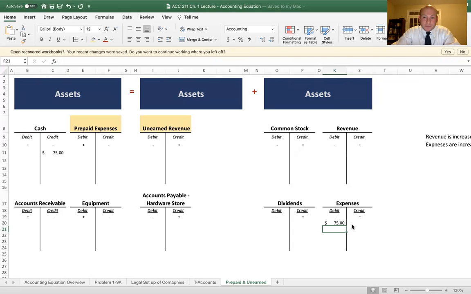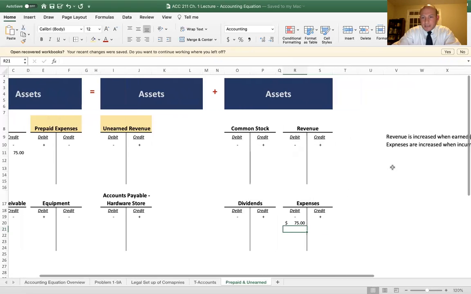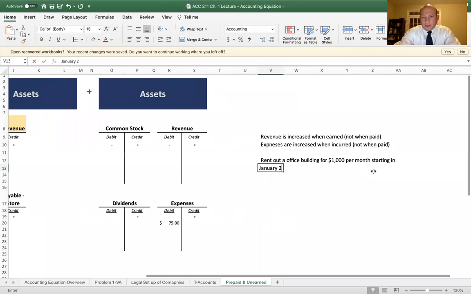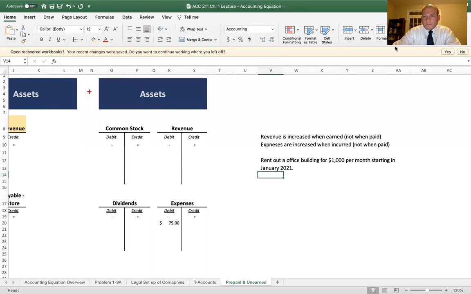For example, let's say that we rent an office building for $1,000 per month starting January 1st of 2021.